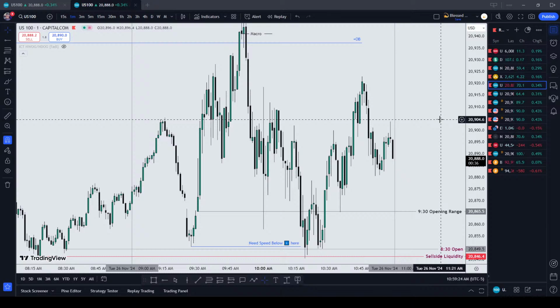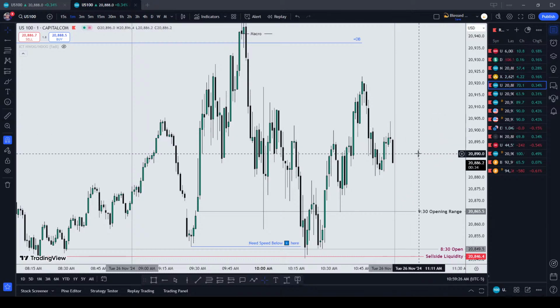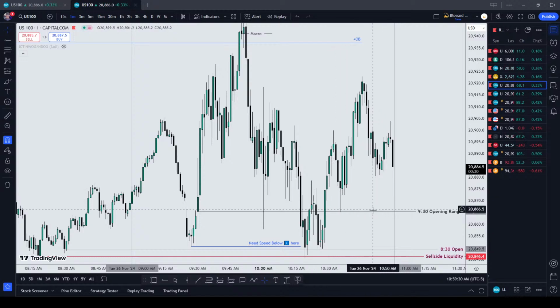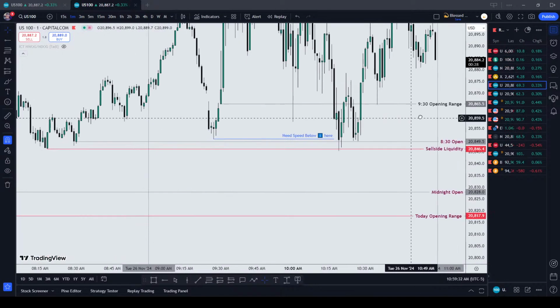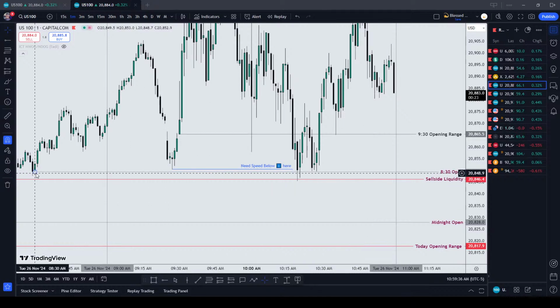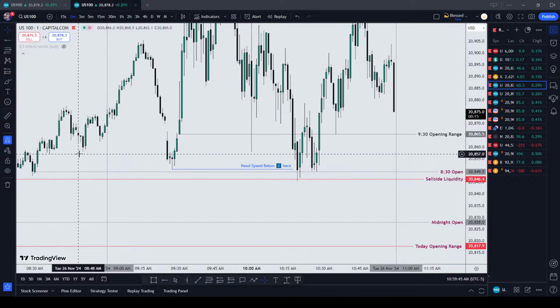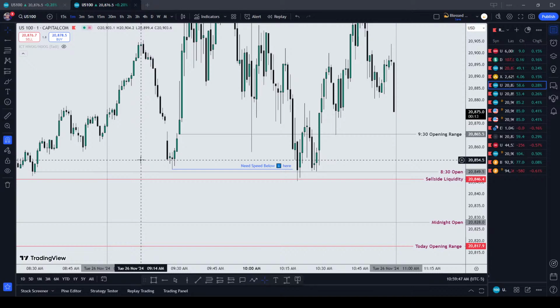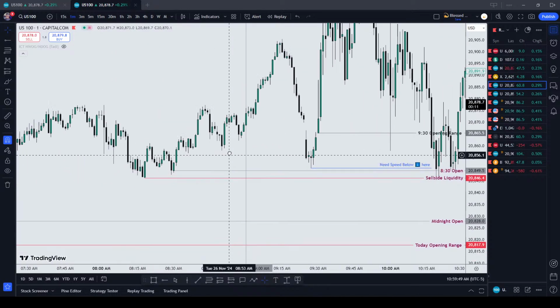Now one more thing I want to add is right here. If you look, I marked out the 8:30 open. All these places are algorithmic times when price does certain things.